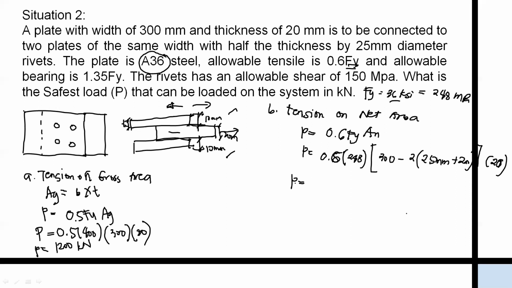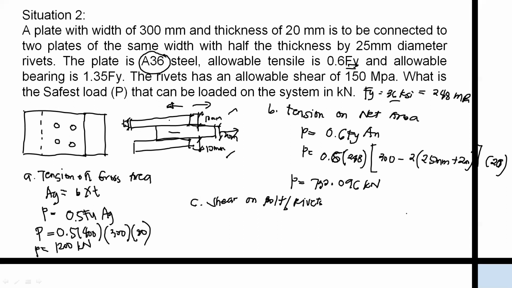So the value of P is 732.096 kilonewton.